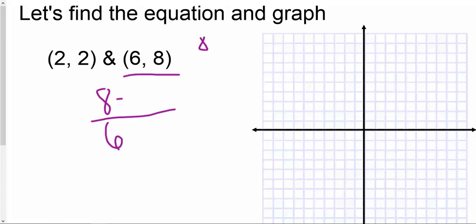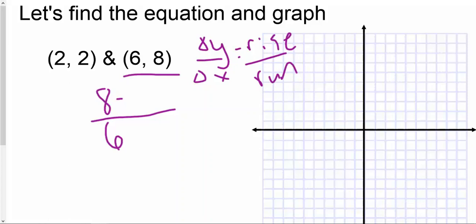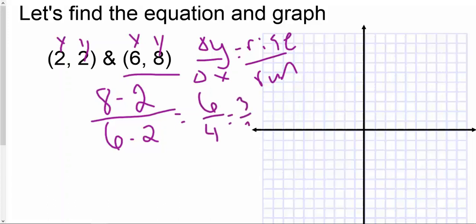Remember, slope is delta y over delta x, or rise over run. So it's this y value minus my other y value, over my x value of that same point minus my other x value. That gives me 6 over 4, which simplifies down to 3 over 2.